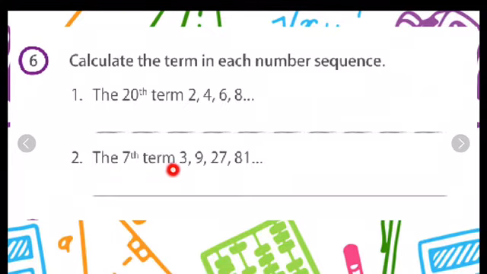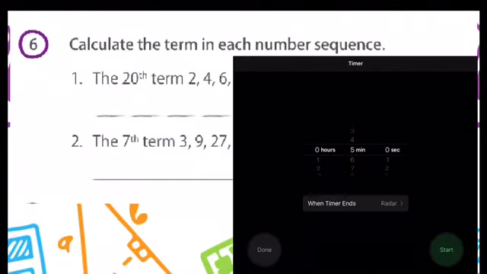Now let's take a look at number 2, the 7th term: 3, 9, 27, 81. Observe this type of exercise and see what you can multiply by to get the 7th term. For this activity I will give you 5 minutes. You just have to multiply to make it a little easier, and then we're going to do it together.